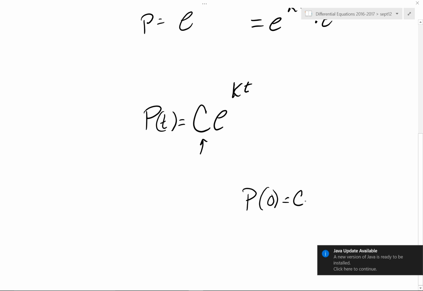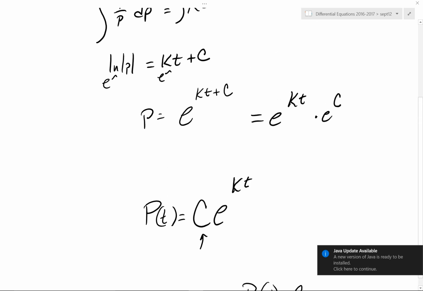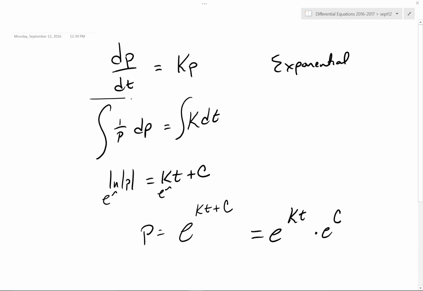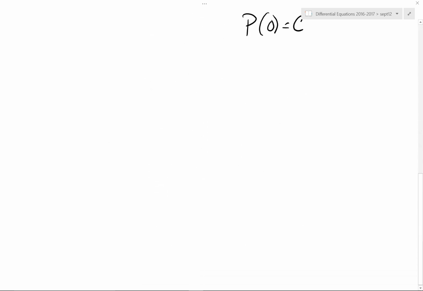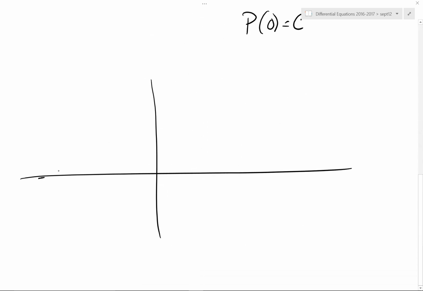Now, again, what happens to this guy up here? Look at him. What value of P is our equilibrium solution? What value of P could you stick in there to get 0 growth? 0. So if you were looking at a solution graph, like before, 0.